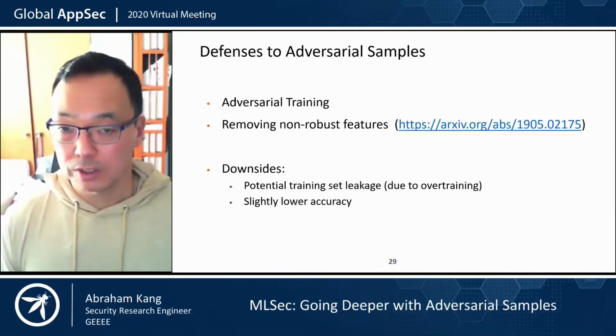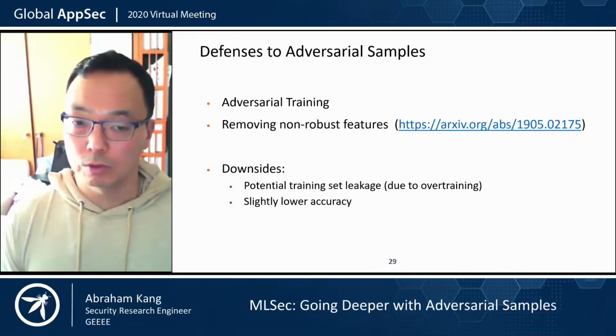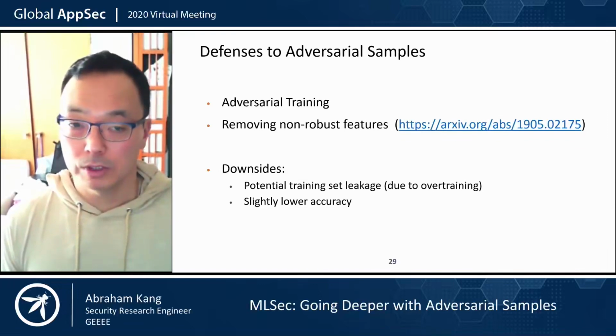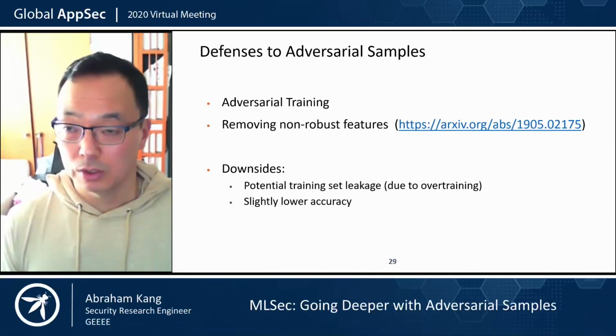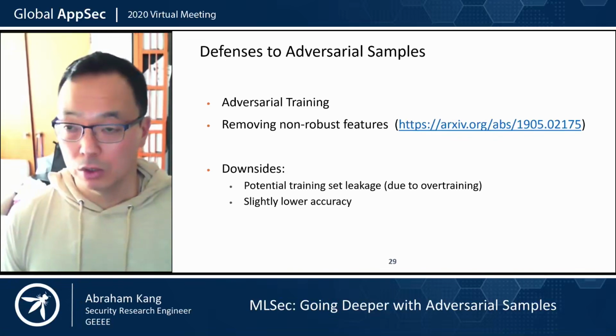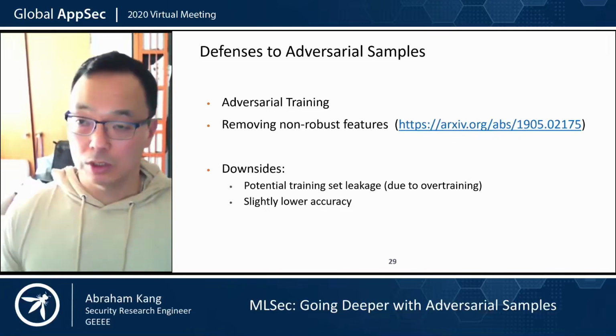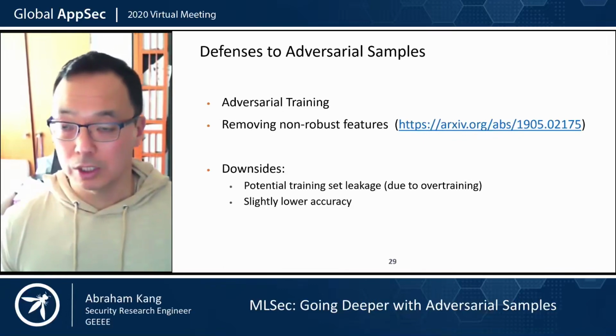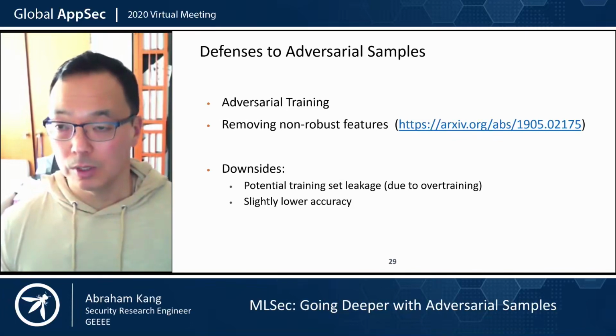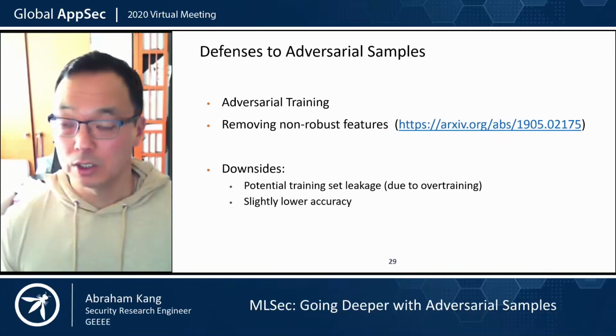Now, when we talk about defenses, the two most prominent that have come up recently are adversarial training and removing non-robust features. Adversarial training means that you take your training data and you embed the adversarial perturbations by using frameworks and toolkits like the ART from IBM and Clever Hans and some of these other toolkits to embed these perturbations in your pictures, like the cat, the guacamole perturbation.